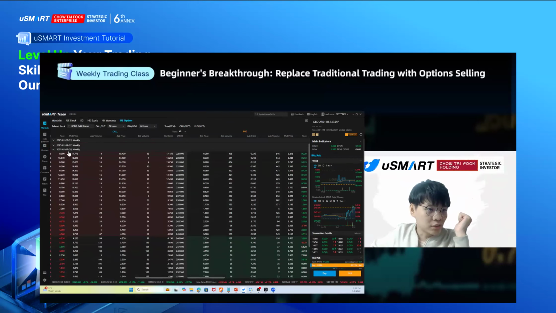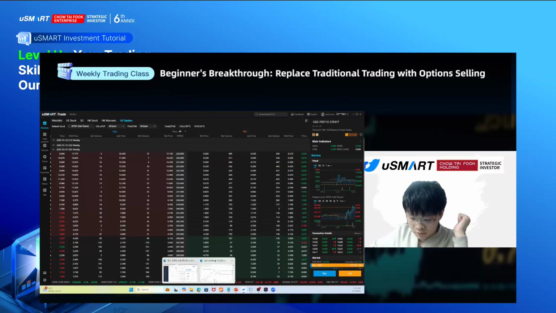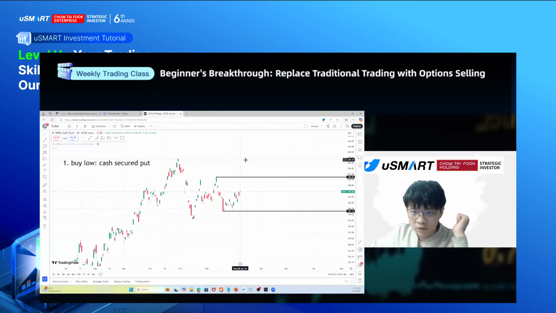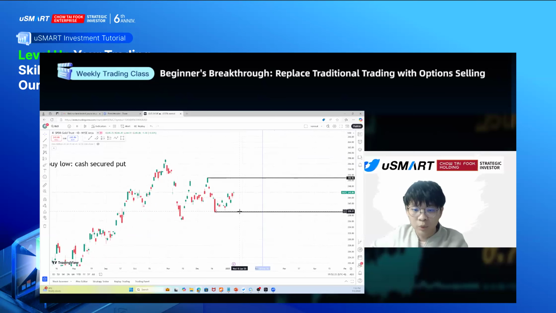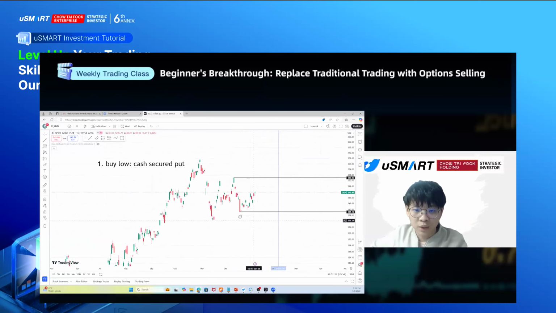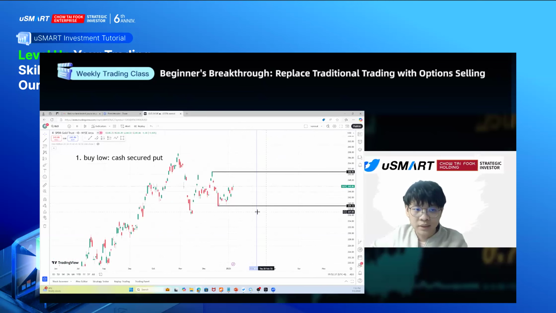So it's 7 February. Let's see this. This is today, and then let's see February 7. Yes, here we go. So this is the time when the option is going to expire. And I actually want to buy low here. This is what I do: I make a sell put here.